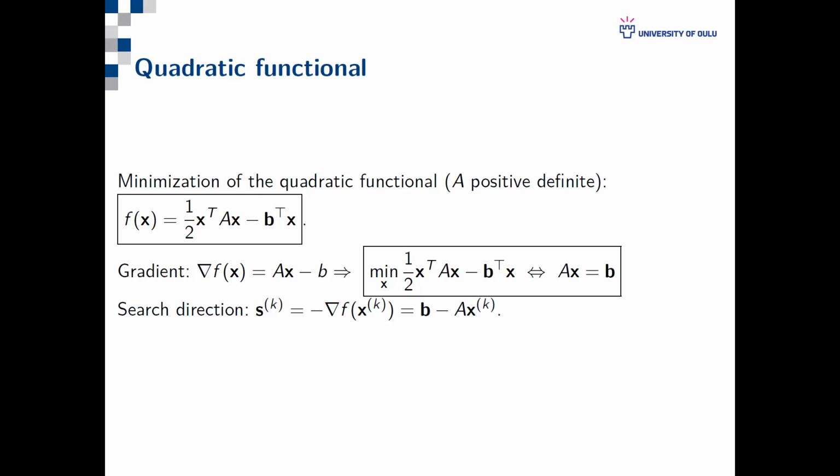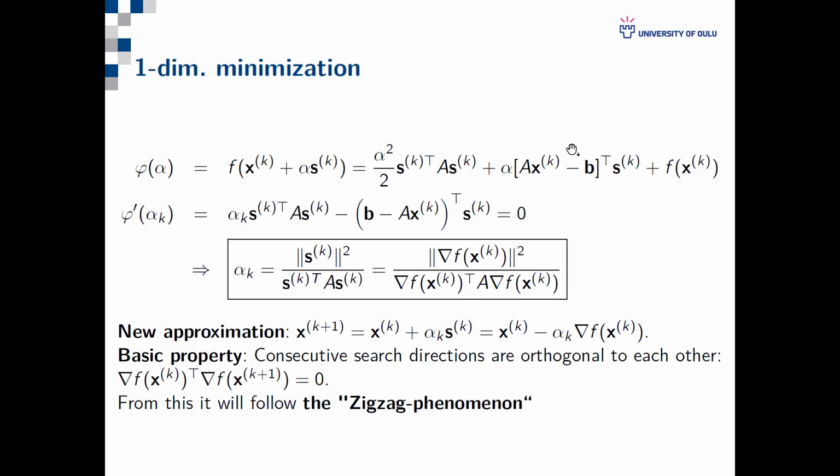I compute the search direction, minus gradient of f at xk. It's b minus A times xk. I compute the 1D minimization problem. For that one, I have to compute this phi over alpha. So I substitute this function, the vector xk plus alpha times sk.